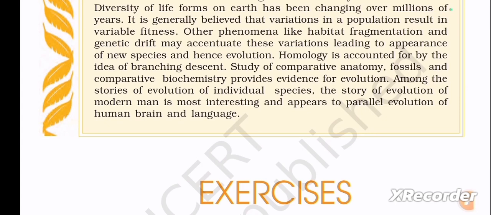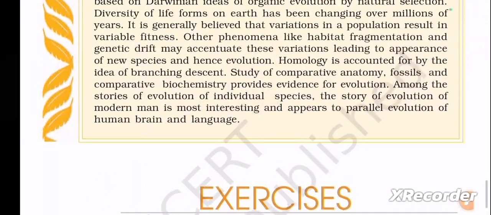Homology is accounted for by the idea of branching descent. Study of comparative anatomy, fossils and comparative biochemistry provides evidence for evolution. Among the stories of evolution of individual species, the story of evolution of modern man is most interesting and appears to parallel evolution of human brain and language.